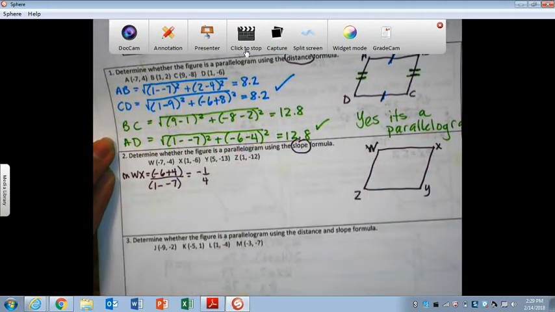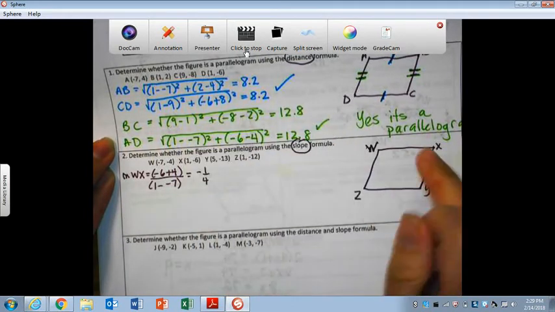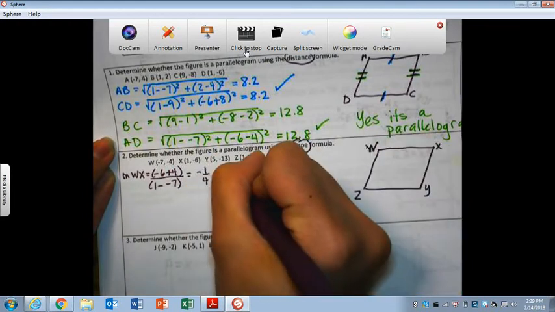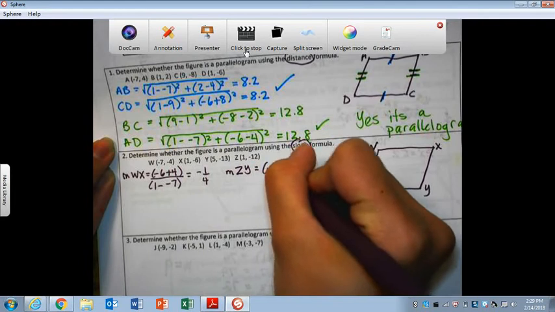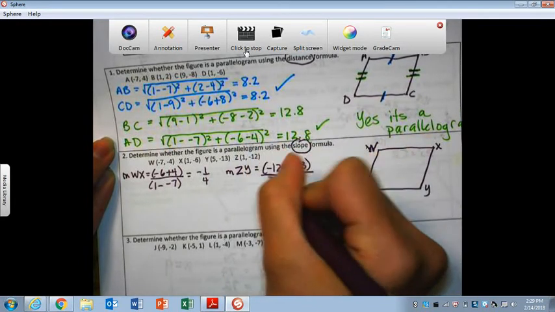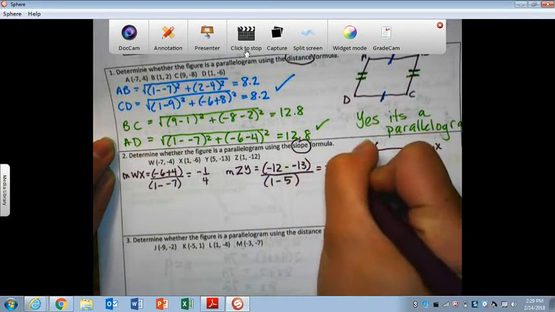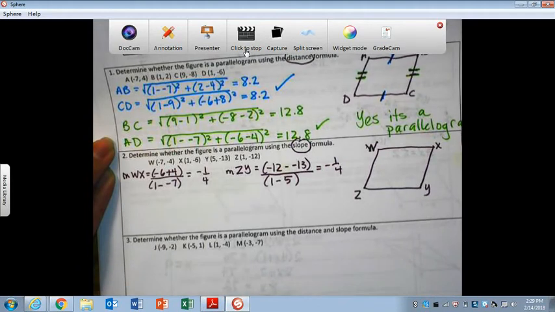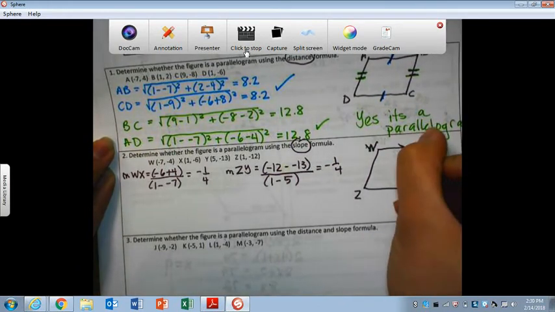Okay? All right. Then you compare that to ZY. The slope of ZY equal to negative 12 minus negative 13 over 1 minus 5. That also gives you negative 1/4. Okay, so now we know that WX is parallel to ZY.